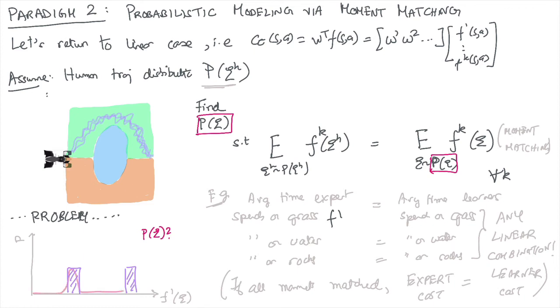Now there are multiple possible choices of p psi. One choice is to simply pick the empirical distribution. Wherever you see the histogram bars, pick a distribution that has peaks there. The downside of this is you have zero mass on feature counts that you don't observe, which may not be correct.